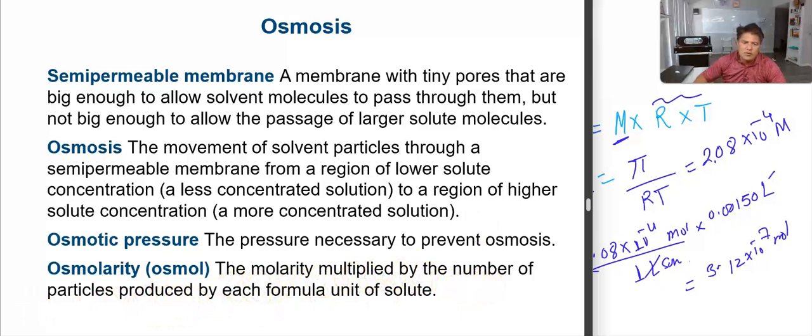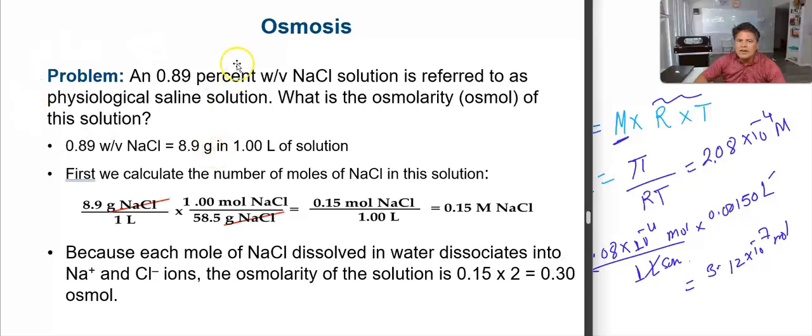So now let's see, again this is the problem, 0.89% weight by volume. Now we have studied, remember, weight by volume, volume by volume, these lots of things. Sodium chloride solution is referred to as the physiological saline solution. What is the osmolarity? Weight by volume is this much gram in 1 liter of the solution, right? So this much gram times this is the mole, right?